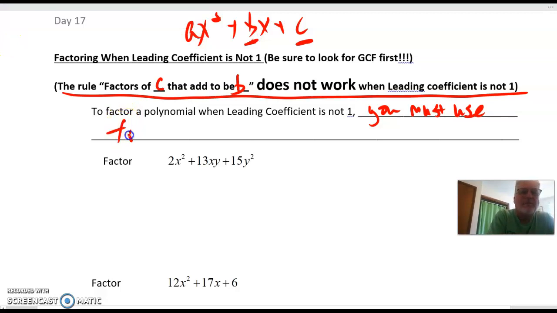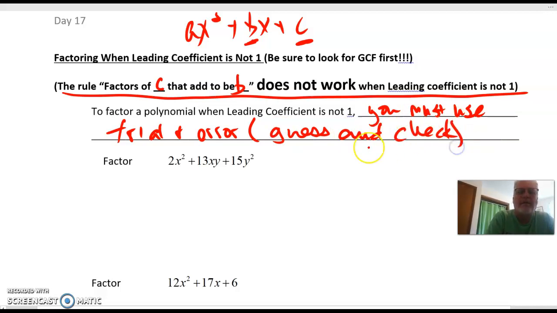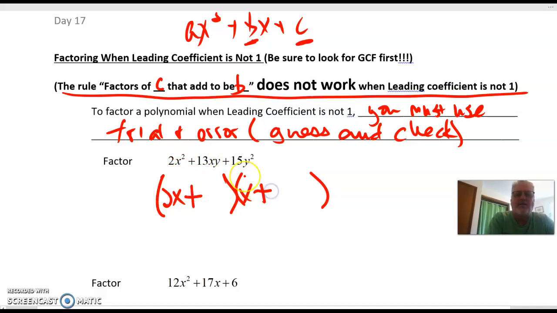Let's use trial and error, or what I sometimes call guess and check. Okay, so there's no GCF. So when I write this down, I know I'm going to have a 2x and an x, because 2x times x will give me 2x squared. I know these are plus signs because everything's plus signs in the problem.